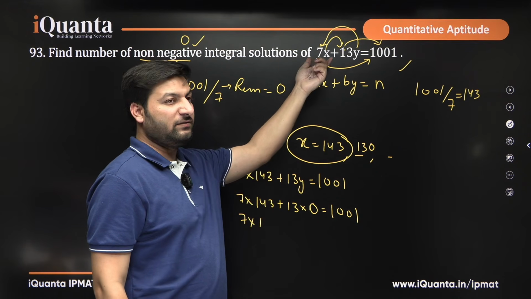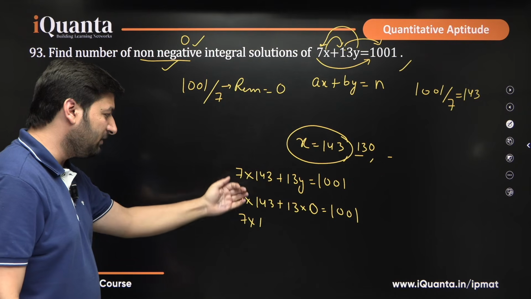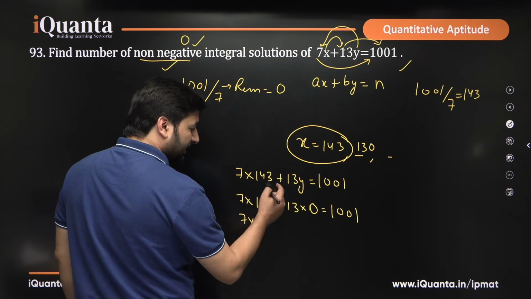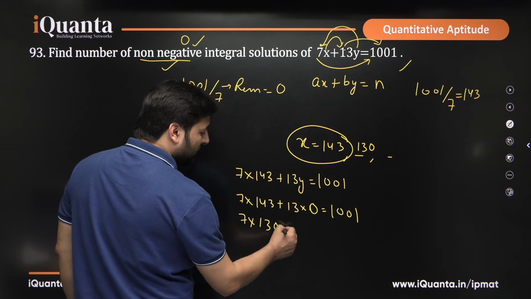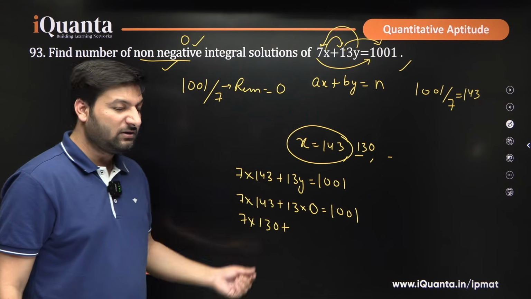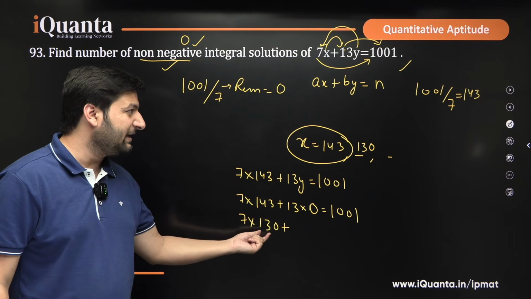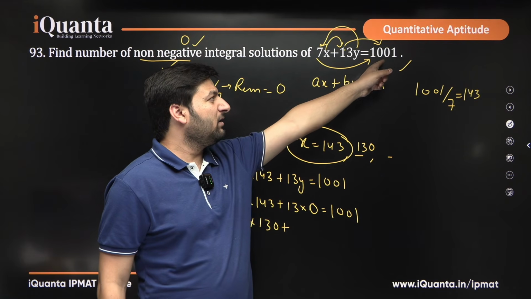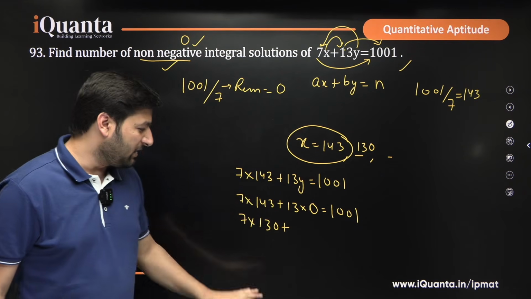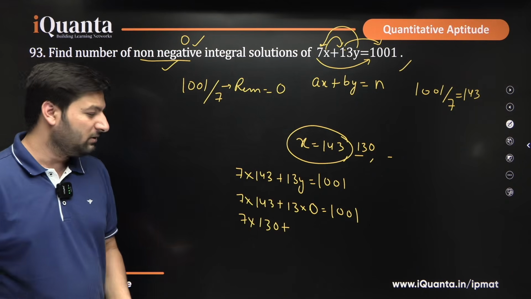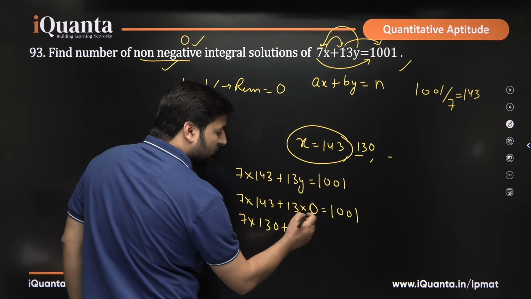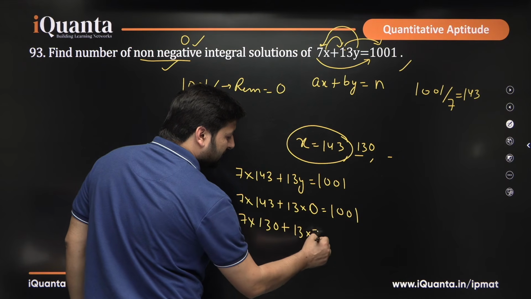If you go above 143, y will become negative, which is not allowed. So we come below 143 at a gap of 13, we get 130. What do you get? 7 into 130 gives you 910. You need 1001 as the sum. So 910 is here, you need 91 more. How can you generate 91 more here? 13 7s are 91.